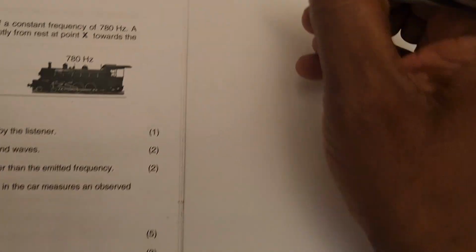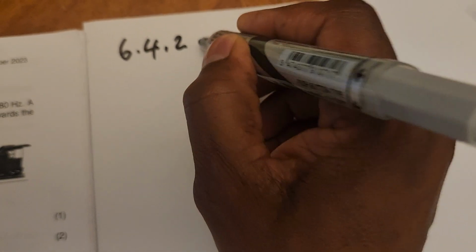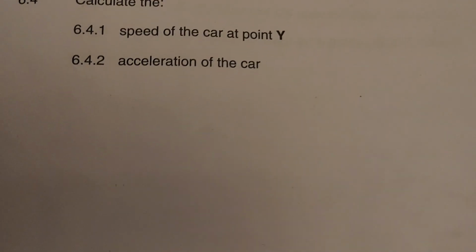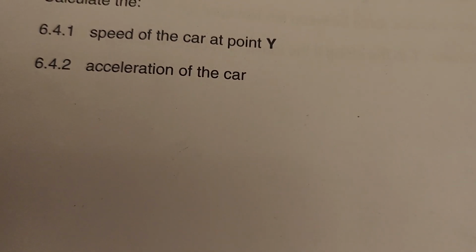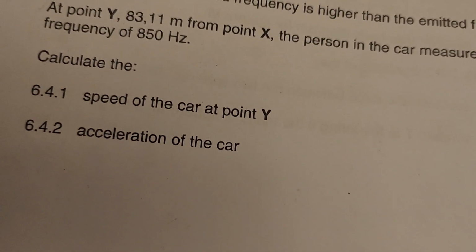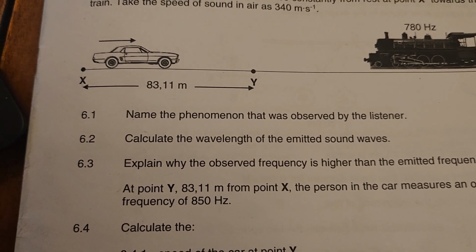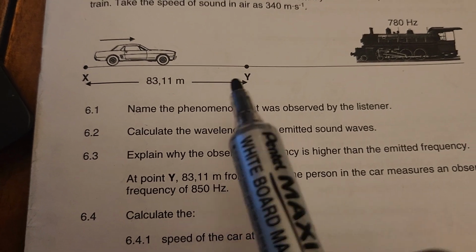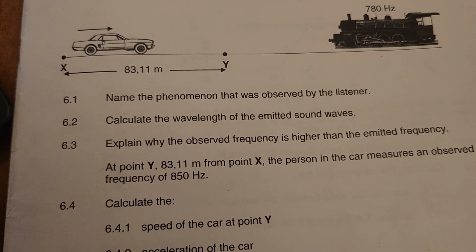Next calculation, that is 6.4.2. They're saying to us, the last question, calculate the acceleration of the car. You can tell that the car moves at a constant acceleration from rest. Initial velocity is 0.